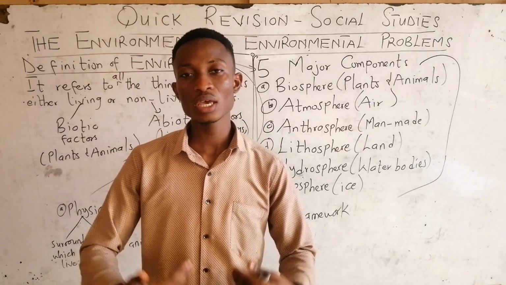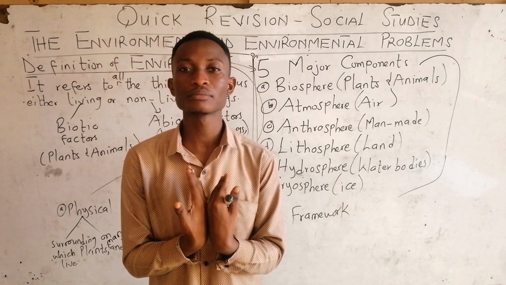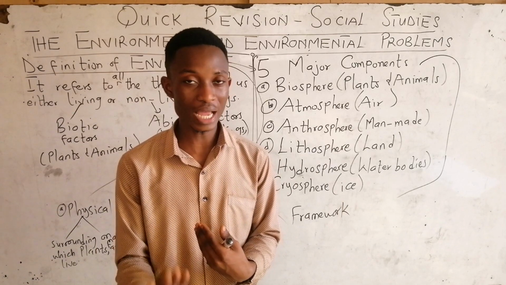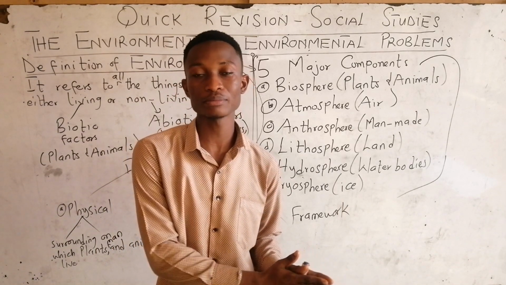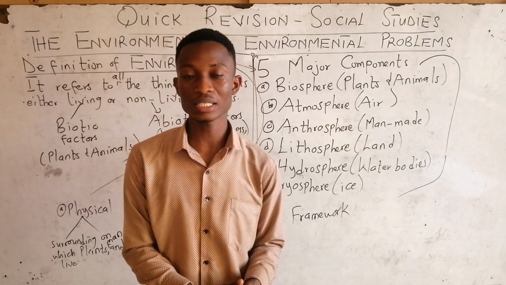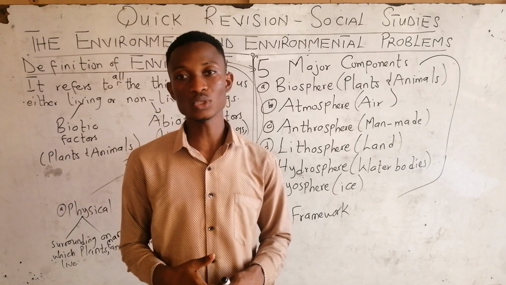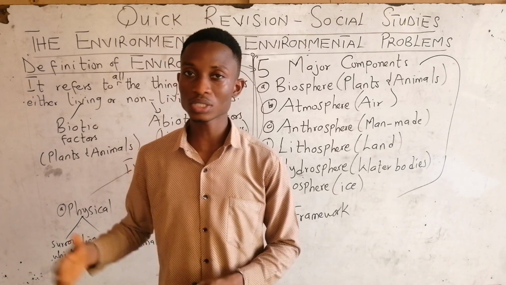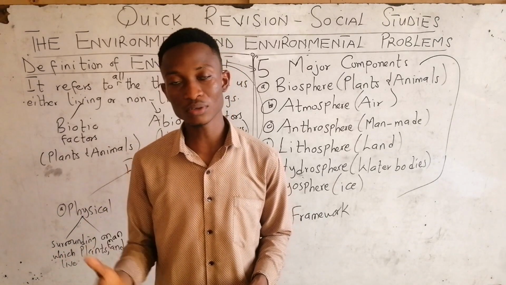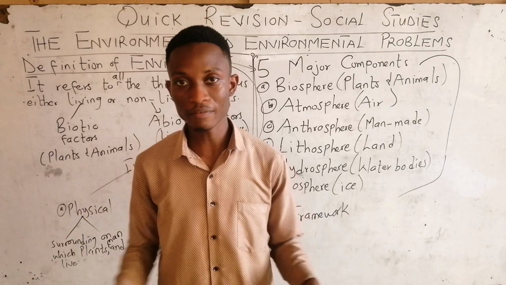The rain helps plants to grow well, promotes agriculture by supplying rain or water, or by serving as irrigation to the farm. Negatively in the sense that if there is too much rainfall, it can also lead to what we call flood. And flood can wash away some important or valuable things that we have in the environment.